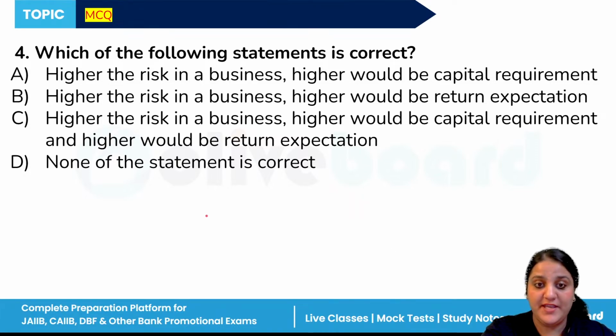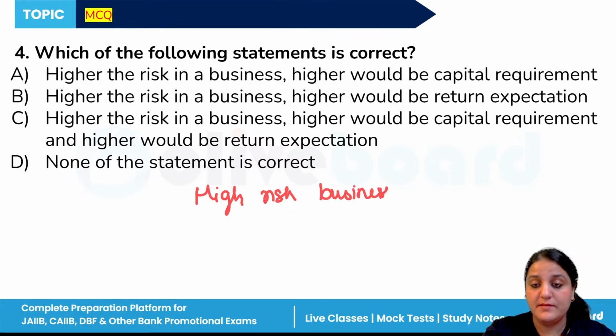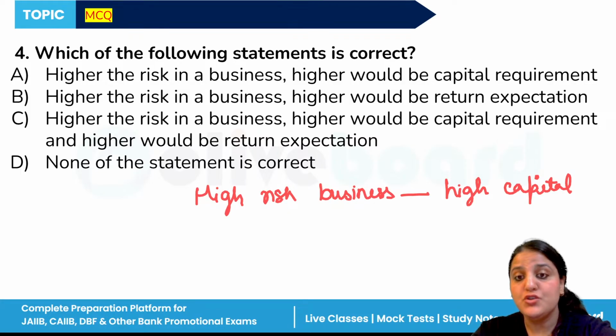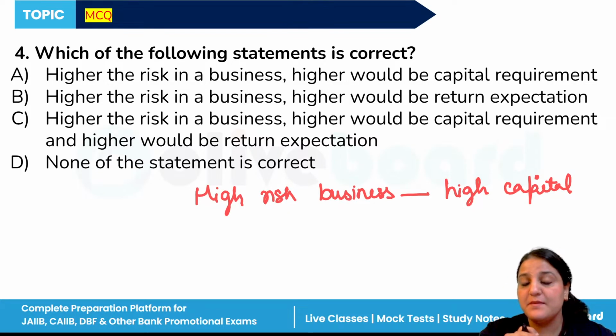Obviously, a high risk business needs high capital. High capital requirement is there for high risk business, so high risk businesses need more capital as a buffer to absorb any type of losses. Investors also expect high returns if they are putting money into risky ventures.